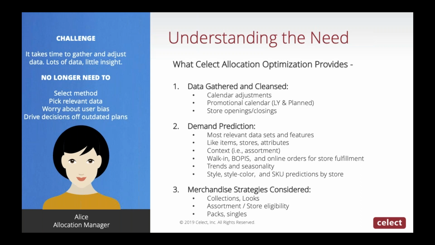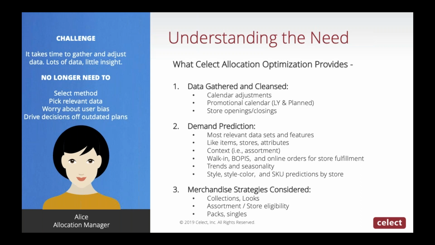Now, part of the demand prediction process that we've been talking about here, a key piece of this, which we'll cover a little bit later on, is context. Meaning, when we're looking at transactions, what's the context of that? What was the assortment? Or when I'm making an allocation, what's the context that these products will be inserted into in stores? We want to look across all different channels, accommodate for early detection of trends and the seasonality, right?